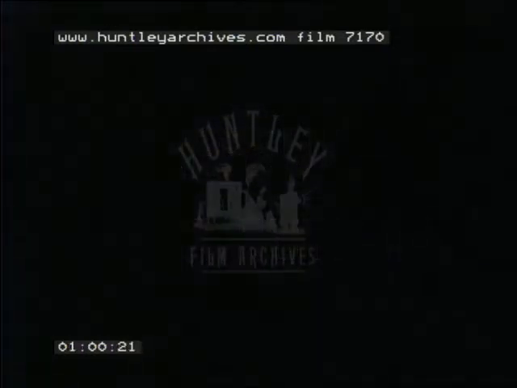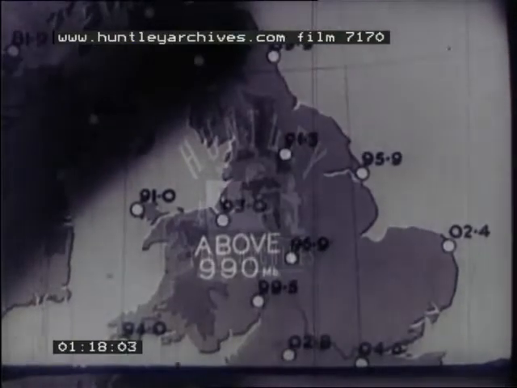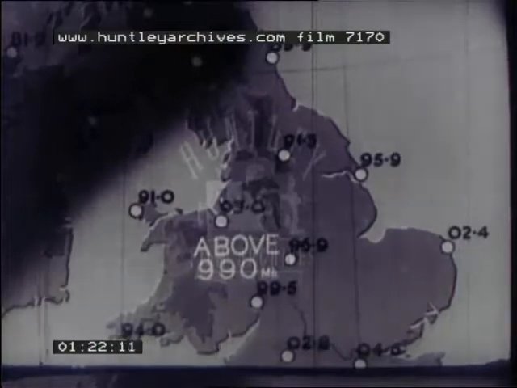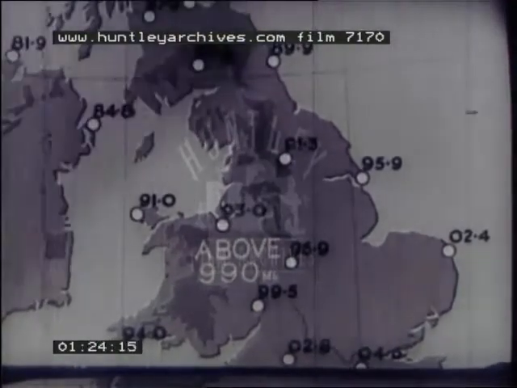Examination of the collective barometer readings reveals that over South Scotland and North England, pressure is below 990 millibars, the initial 9 being understood. In other areas, it is higher than this. Between the region where pressure is below 990 millibars and that where it is above 990 millibars, there must be places where pressure is exactly 990 millibars.